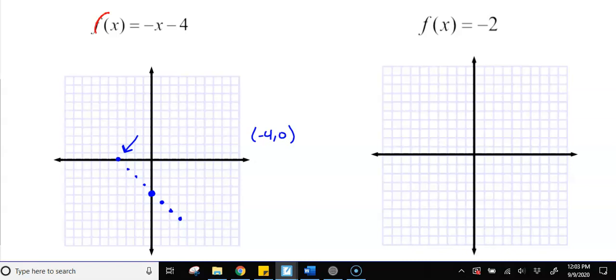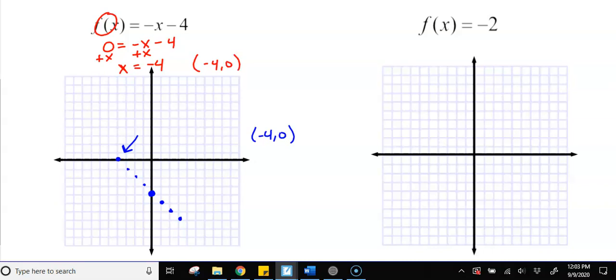You would just replace f of x with a 0. So 0 equals negative x minus 4. You would solve for x, get x by itself. Super simple. Just add x to both sides, and x equals negative 4. Then you could throw that into an ordered pair easy enough: negative 4, 0. Same answer, two different ways.